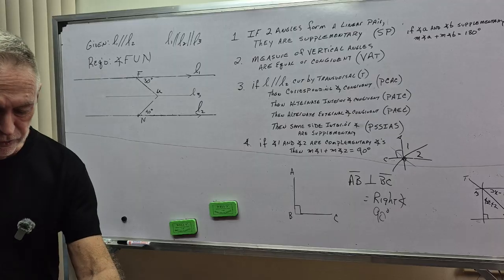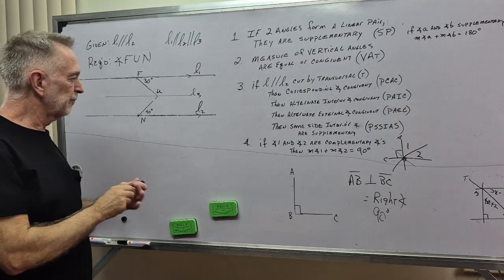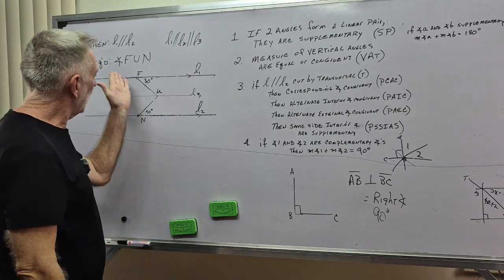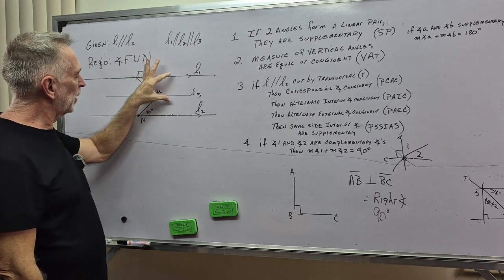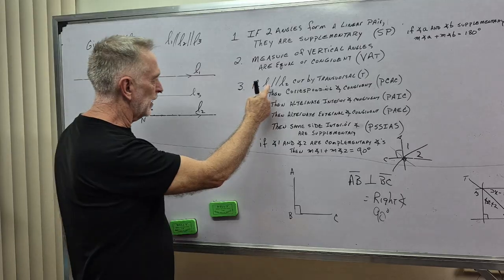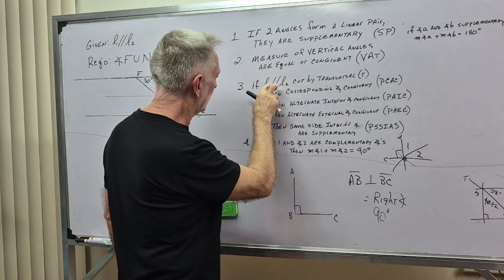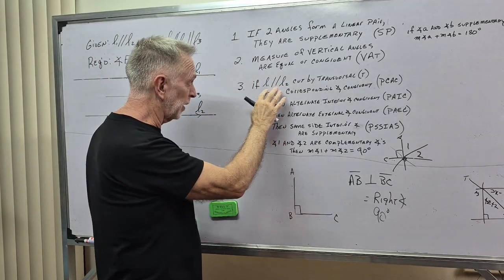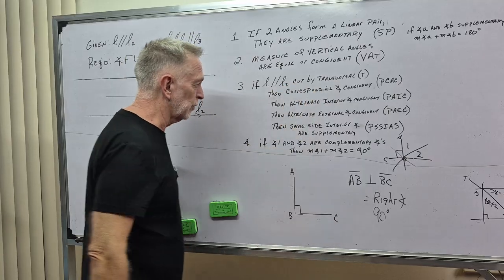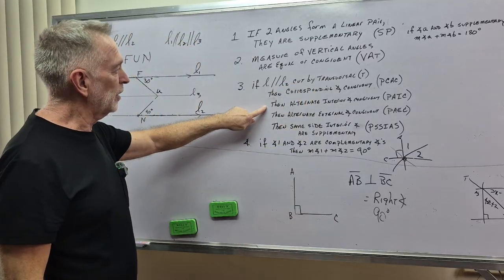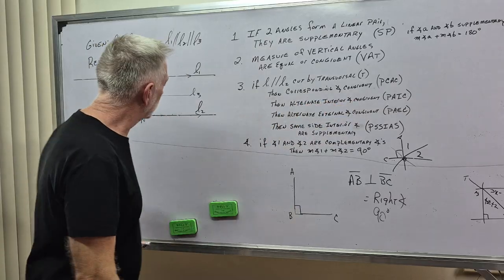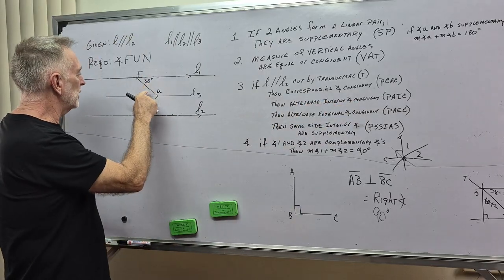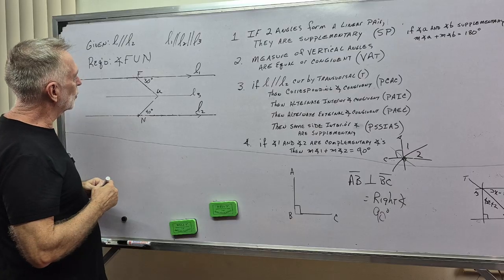Now, if we look at the rules we had yesterday, we have now a transversal that intersects two parallel lines. So if I have two parallel lines, doesn't have to be L1, L2, just two parallel lines cut by a transversal, then the alternate interior angles are congruent.